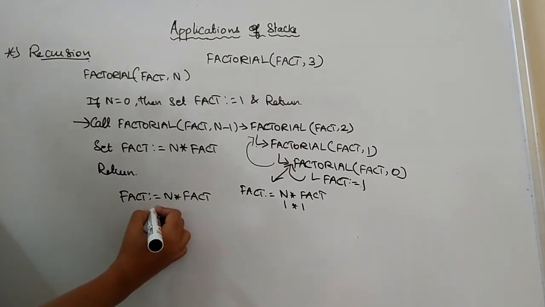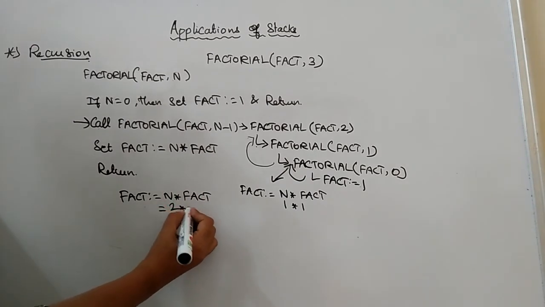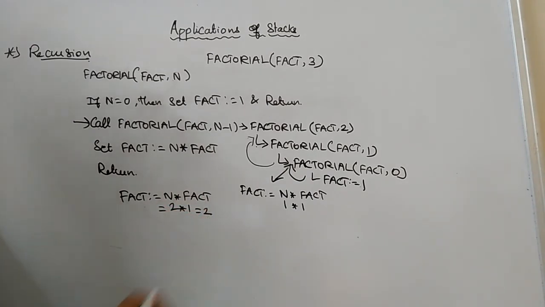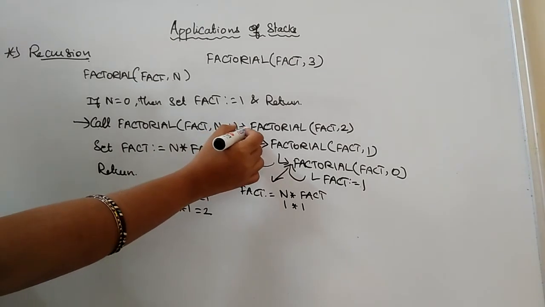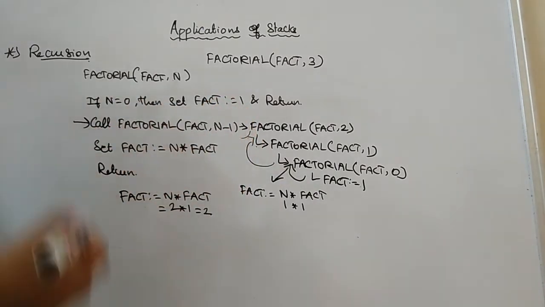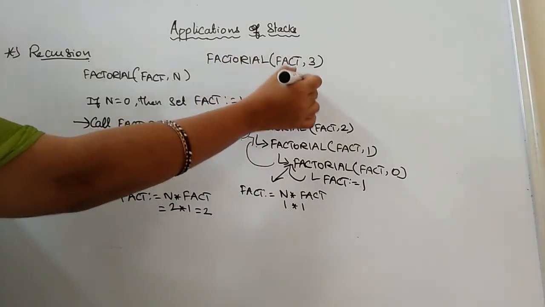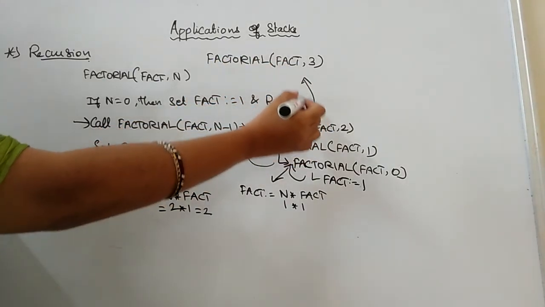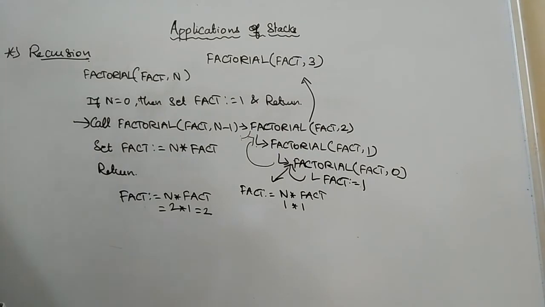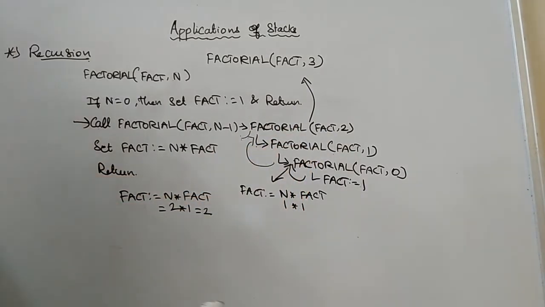So fact := n into fact, and what's the value of n here? 2. So 2 into 1 is 2. This value is returned to the place where you called the function. When n is equal to 3, you called factorial of 2. Within factorial of 2, you called factorial of 1.